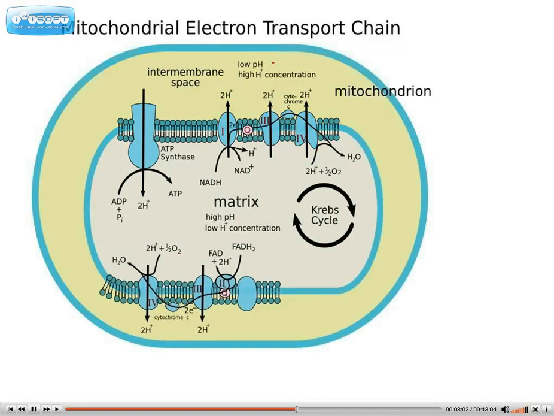So, in the next part, you have what's called the ATP synthase. Because there's a high hydrogen ion concentration on the intermembrane space side versus the low hydrogen ion concentration found within the matrix, the hydrogen ions naturally pass through this special protein called the ATP synthase. As they pass through, it's kind of like water passing through a water wheel.